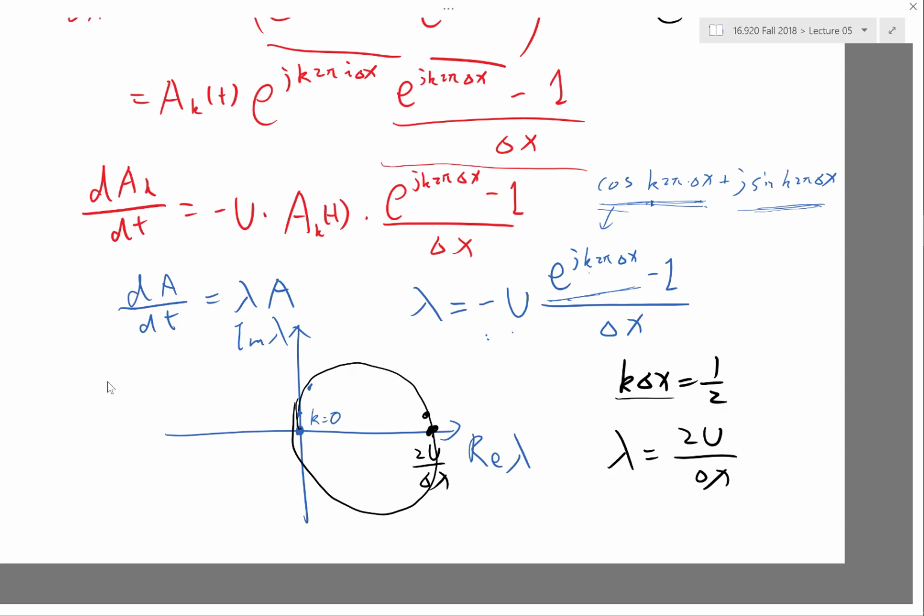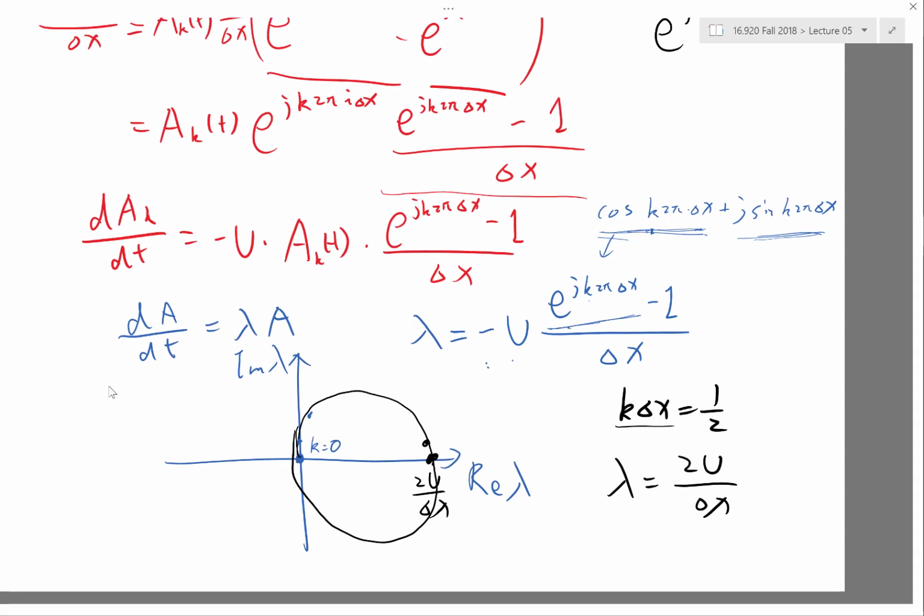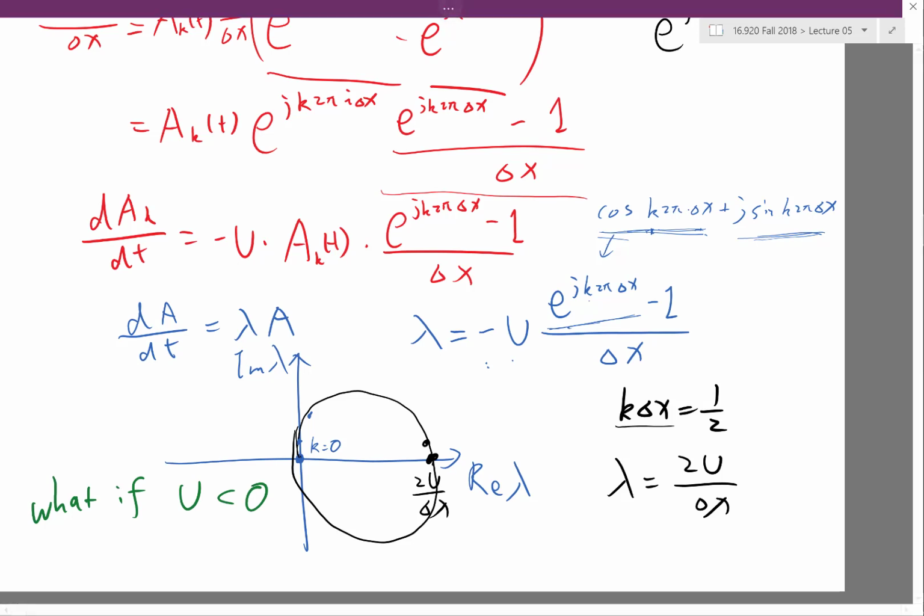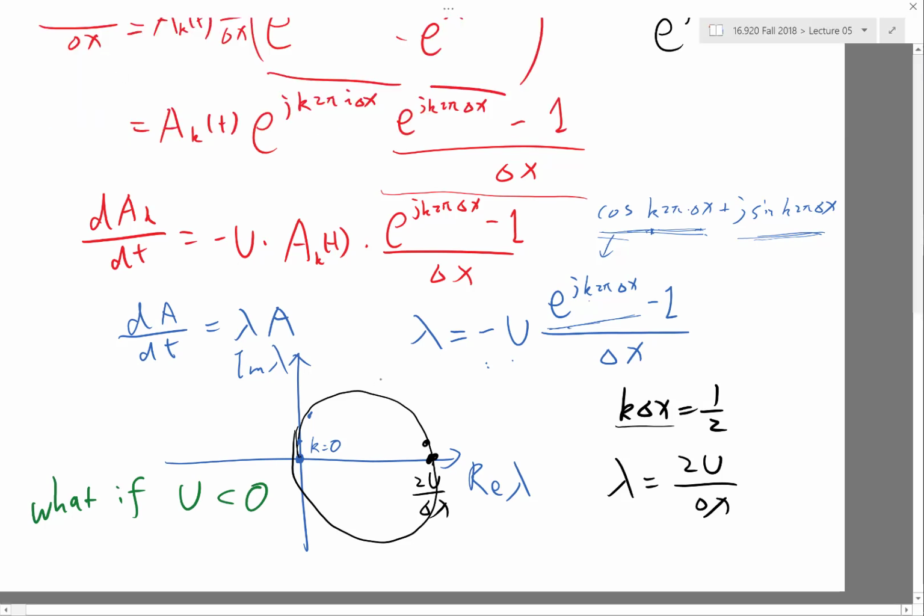A curious fact over here is, what if u is less than 0? So this whole circle I'm drawing is for u greater than 0, right? If u is less than 0, the most unstable component, 2u over delta x, is actually on the other side.